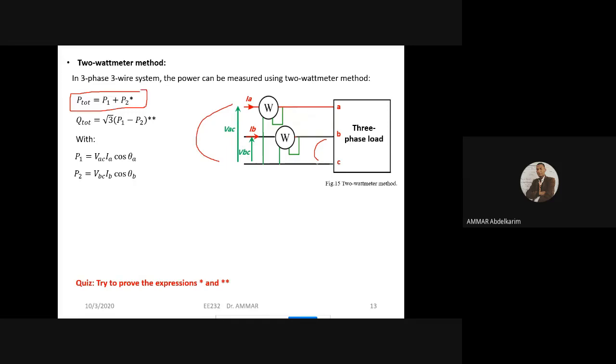It's AB and BC. The total power equals P1 plus P2. And this method can also measure the reactive power, which equals square root of 3 times P1 minus P2. Why?